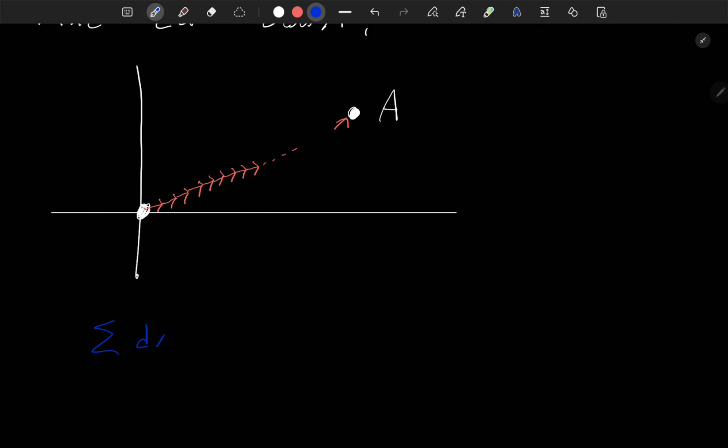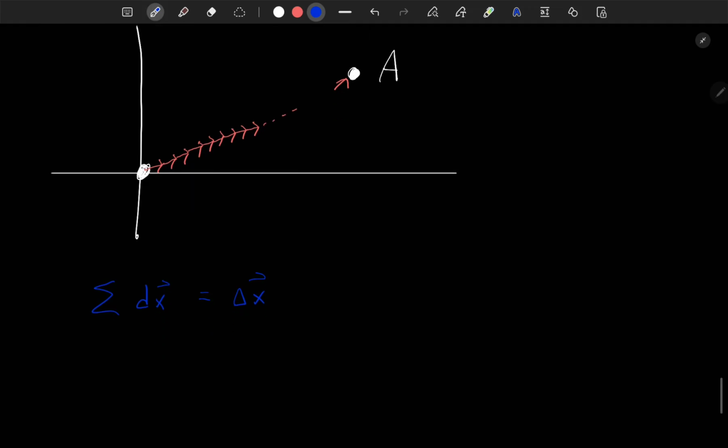It's going to look like adding a bunch of dx's. Well, that's going to end up equaling a total change of x kind of thing. Where does the exponential come in?